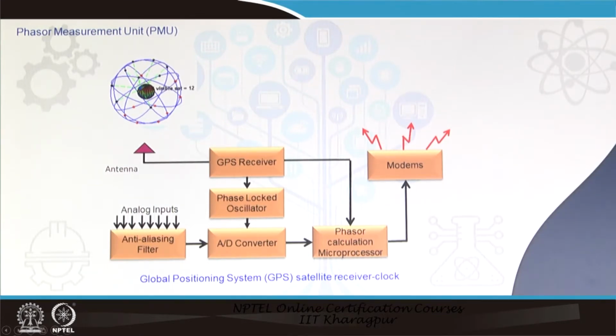Once the phasors are time stamped and the frequency and rate of change of frequency are obtained, the PMU sends the information to the phasor data concentrator, the PDC, through a dedicated communication system, so that such data are continuously monitored at the substation level or at the super PDC level and are used for monitoring, control and protection applications.